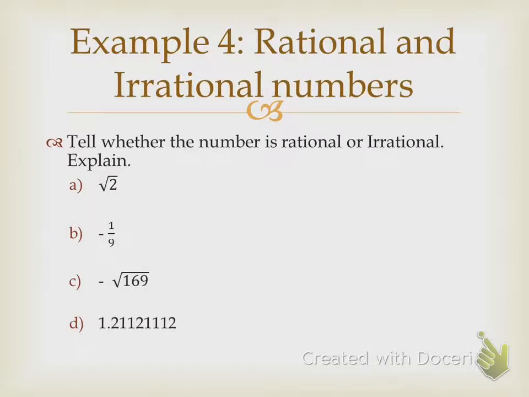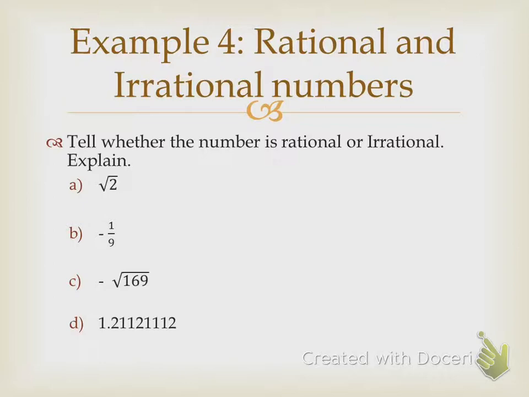Okay, so an irrational number is a number that is not a repeating decimal, and it does not terminate, meaning it doesn't have an end. So if it's a whole number, we know it's rational. Now, what about the square root of 2? If you put the square root of 2 in your calculator, what do you get? Do you get a repeating decimal or a terminating decimal? No. Because in my calculator, I get 1.414213562.